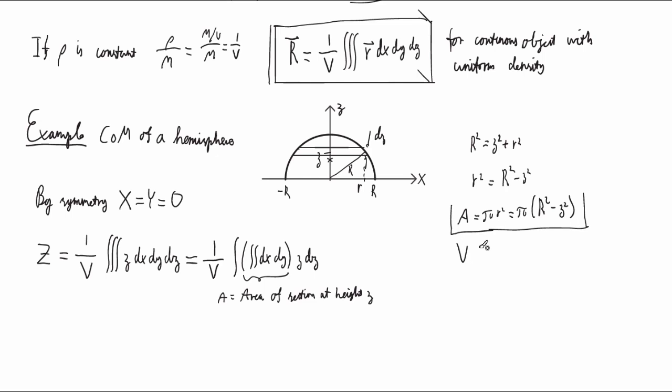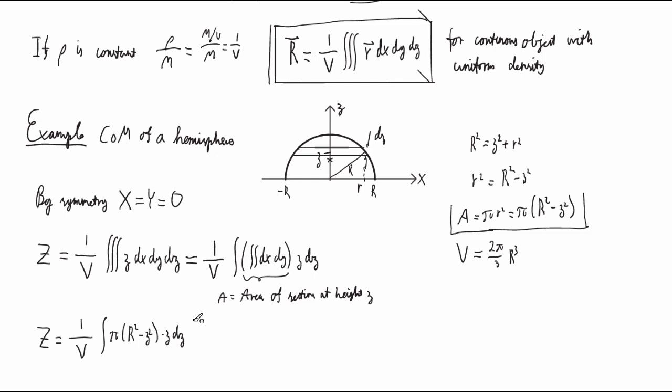The volume of a hemisphere is obviously going to be half the volume of a sphere. So that's 2 pi thirds capital R cubed. So now we have everything that we need to calculate this. So we find that z is equal to 1 over the volume. We won't put that in quite yet. So this is the area here, same as this quantity here, times z dz.